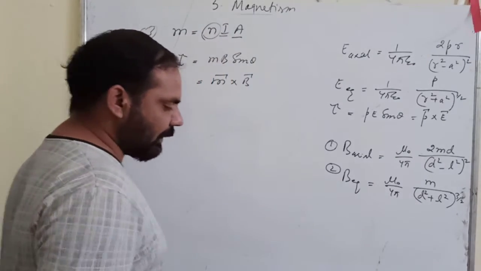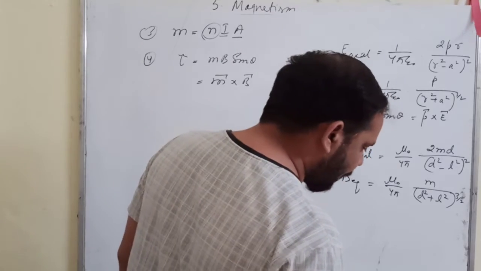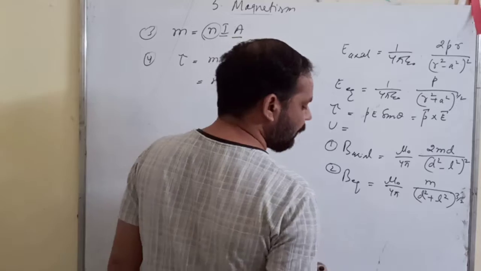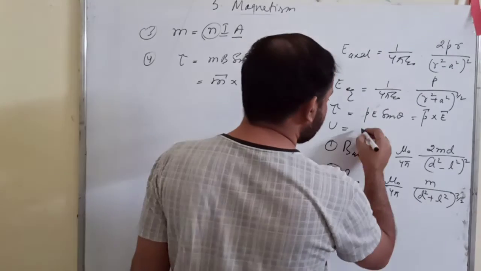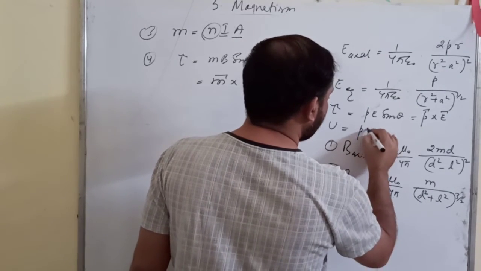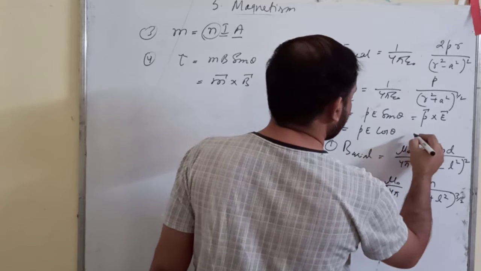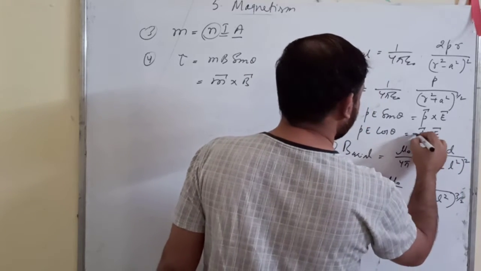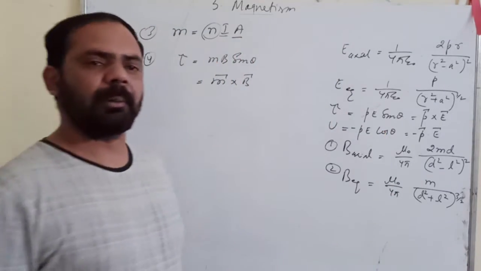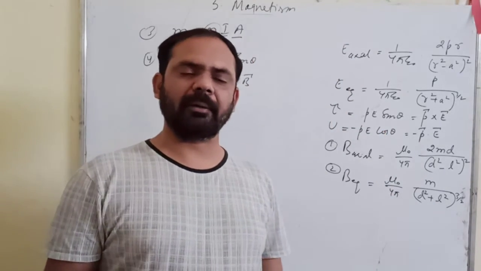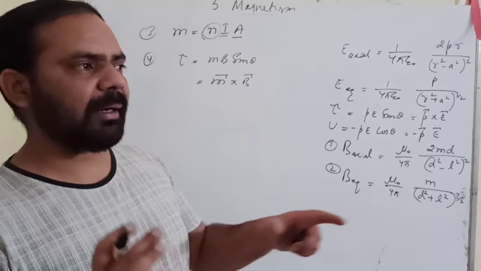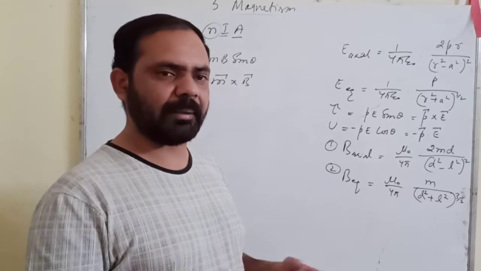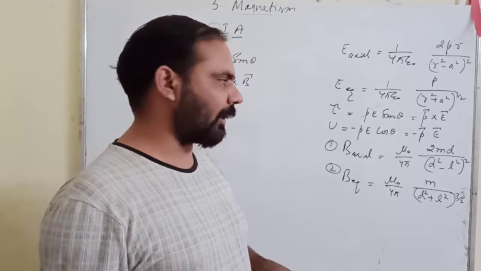Then what else we obtained there was the expression for potential energy, and it was minus P E cos theta, or minus P vector dot E vector, with a negative sign because the potential energy is acquired by the electric dipole by moving against the torque exerted by the electric field.